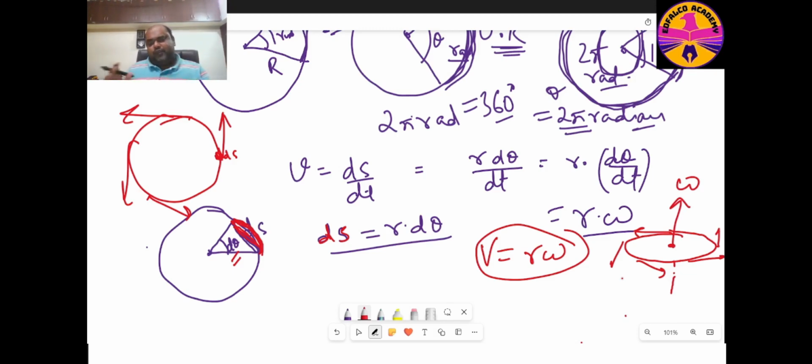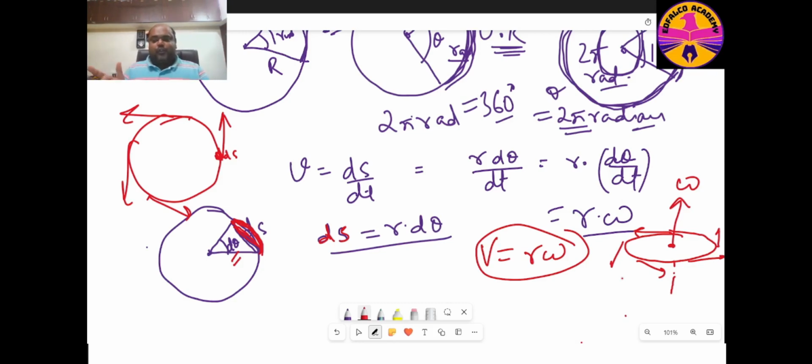But for now, in the case of uniform circular motion, the omega is pretty much a constant value, because the velocity vector, although it is changing, is tangent at each point. But the magnitude of v is r into omega. R is a constant because it's a constant radius circle. The magnitude of velocity is also constant. So omega, which is equal to v divided by r, is also going to be constant.